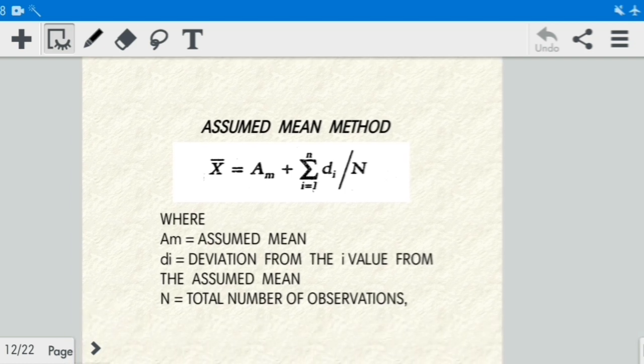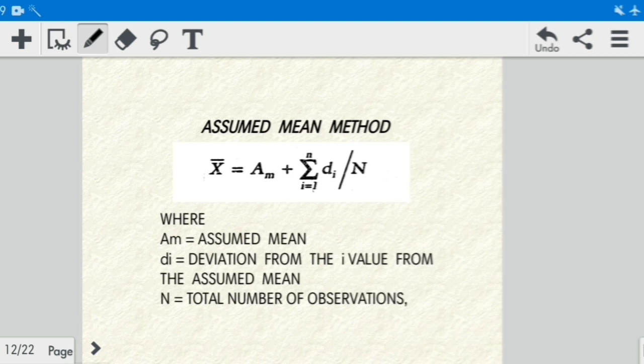Now I follow the steps of the assumed mean of a single dataset. The formula of the assumed mean method is assumed mean plus summation of d by total observation or n.